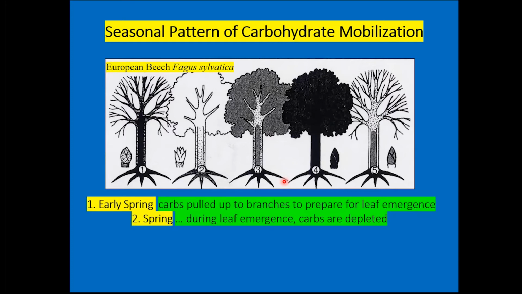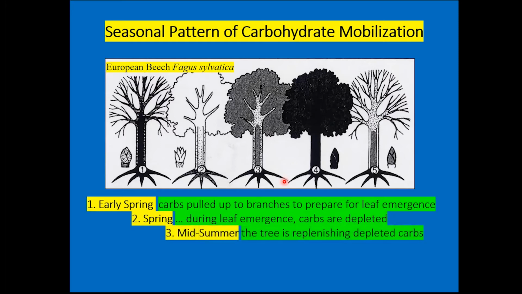So in the spring, when leaves are starting to emerge, the carbs are now basically depleted in the roots. They're going to be used by those leaves up in the tree. Midsummer, the tree is starting to replenish those depleted carbs. They used up a lot of that energy to make more leaves.